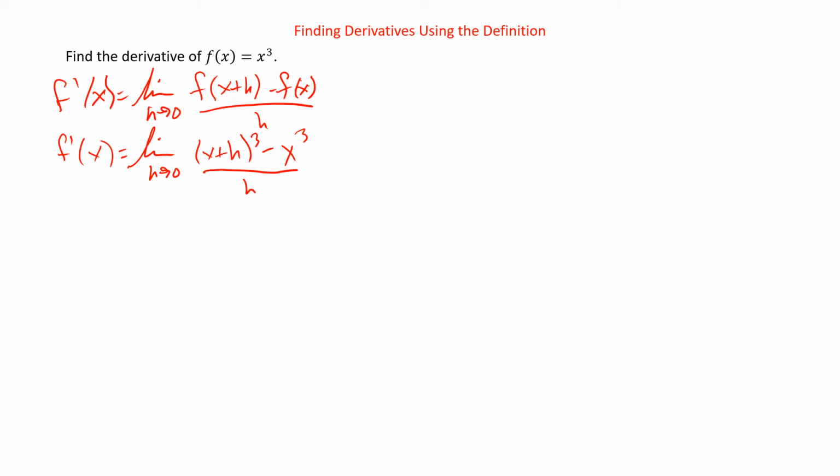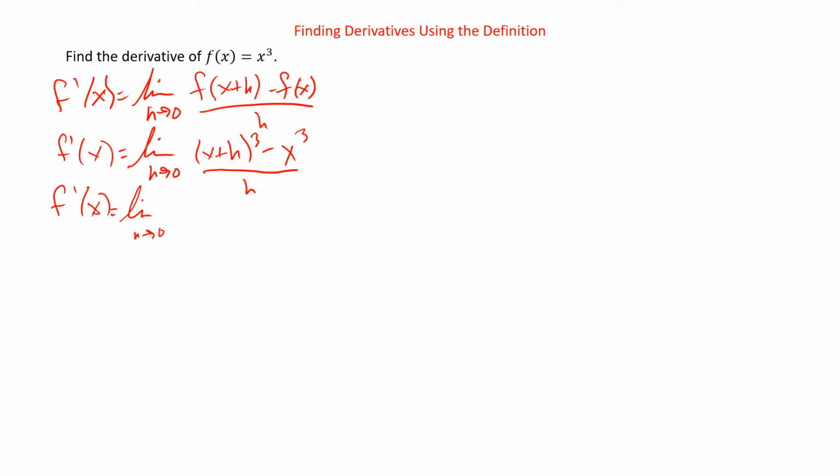We need to distribute this x plus h cubed. So luckily, for the past couple years, you've been learning about binomial distribution, which makes that so much easier. And I know for a fact that your teachers would have told you that this is important because you're going to use it in the future and it's going to make your life so much easier, and you listened and so you understand it.